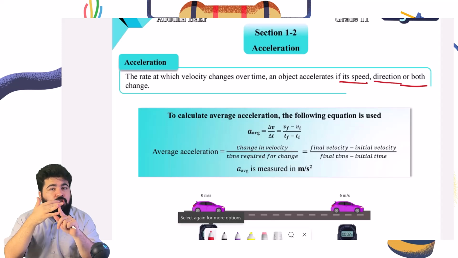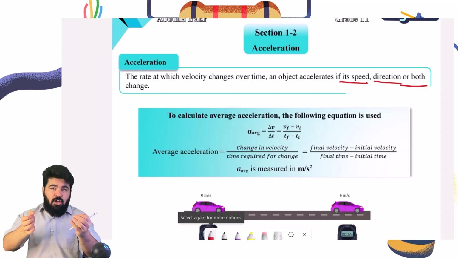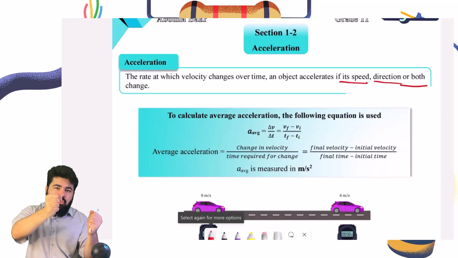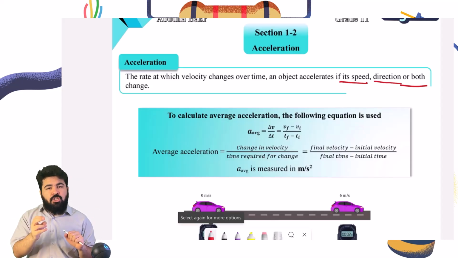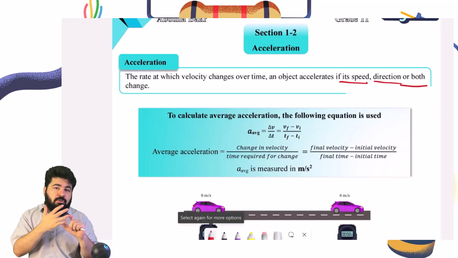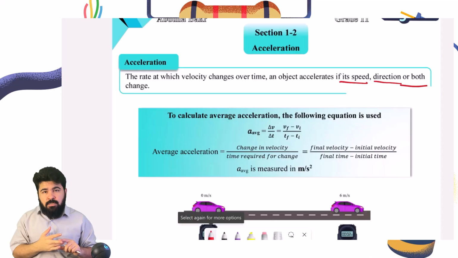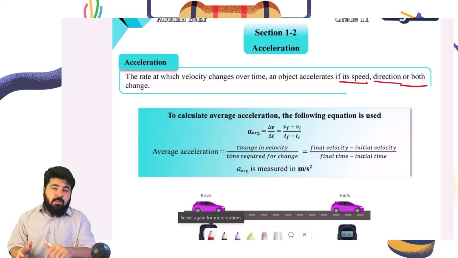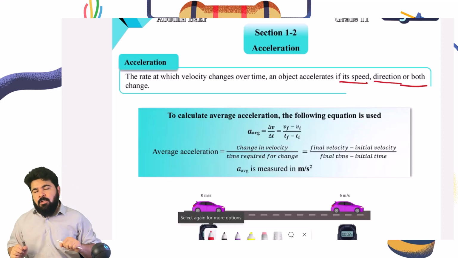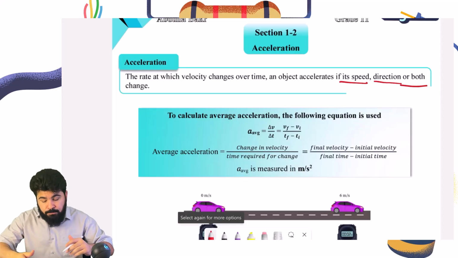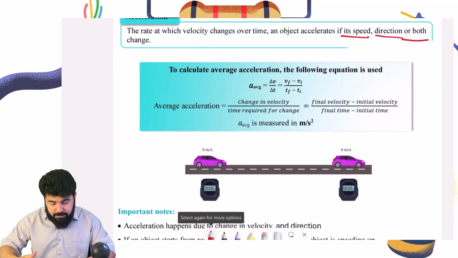If direction changes, let's say you turn to the right or to the left with the steering wheel, acceleration happens. And both can change at the same time: you can hit the brake of a car and then turn the wheel to the right or to the left. That is how acceleration happens.